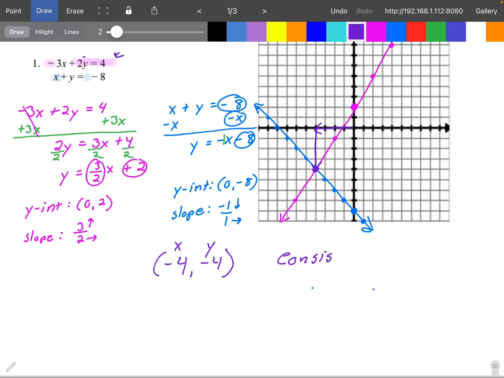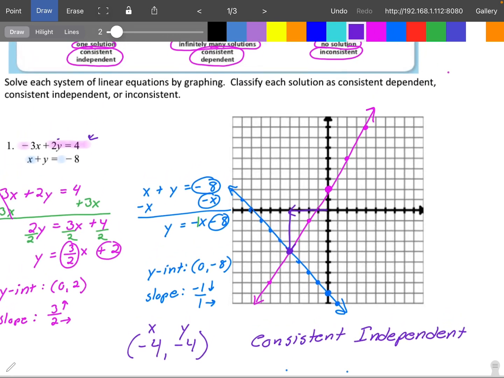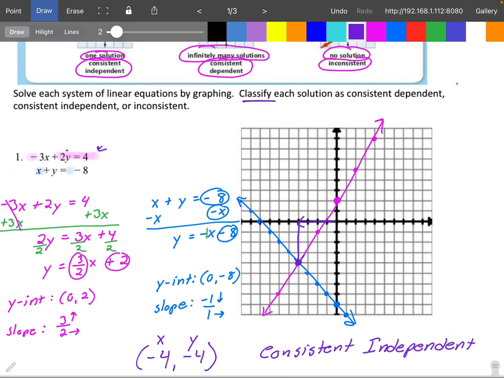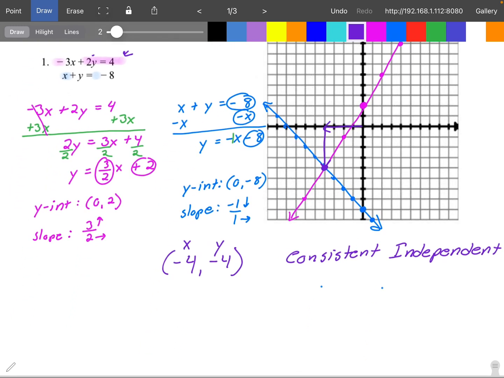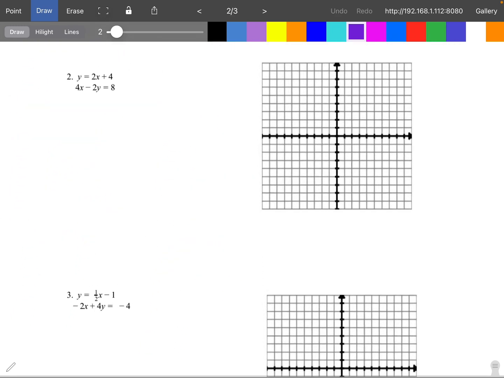So consistent independent. So you are asked to not only solve the system, but to classify the solution as consistent dependent, consistent independent, or inconsistent. Alrighty, so let's take a look at number 2.